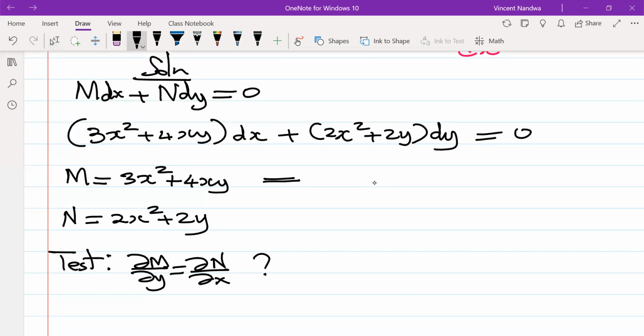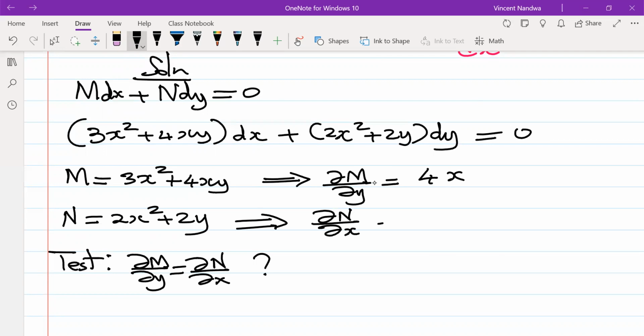Now, if this is M, partial y will be 4x, and if this is N, partial x will give us 4x. The second term will be 0 because there's no x.